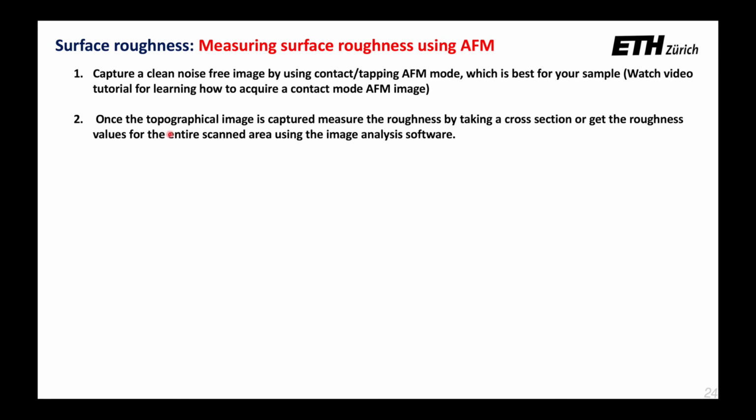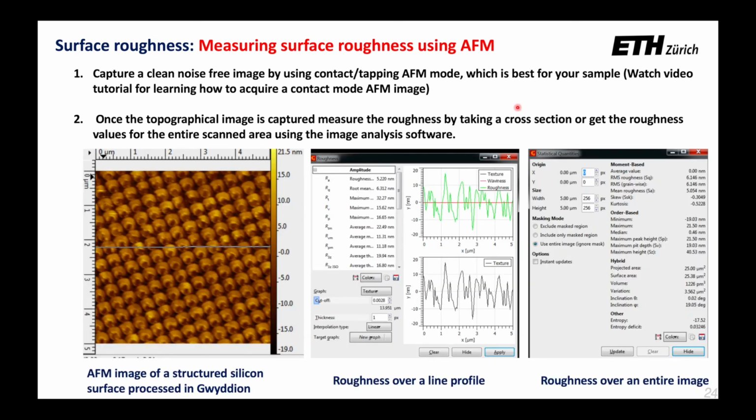Once you acquire an image, you do basic leveling of the sample to correct the tilt during the measurement, and you can obtain the roughness by taking a cross section, or get a roughness value for the entire scanned area using image analysis.